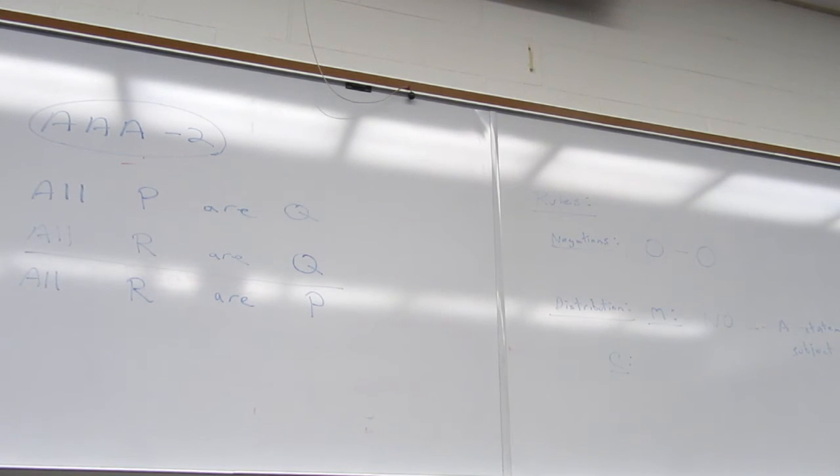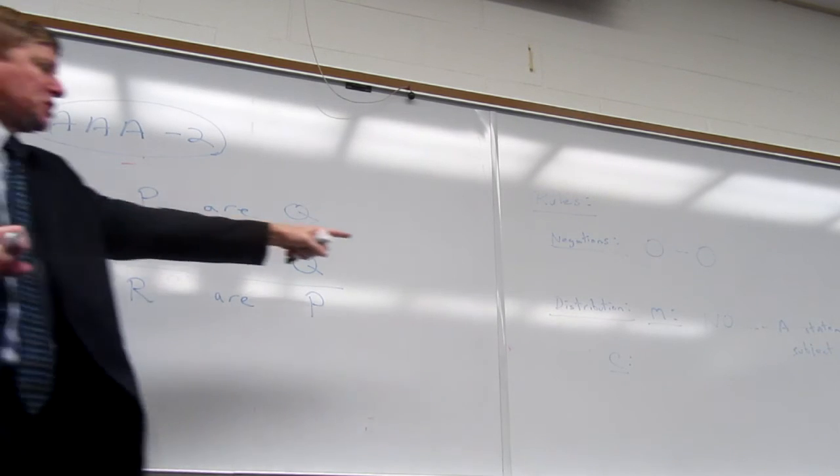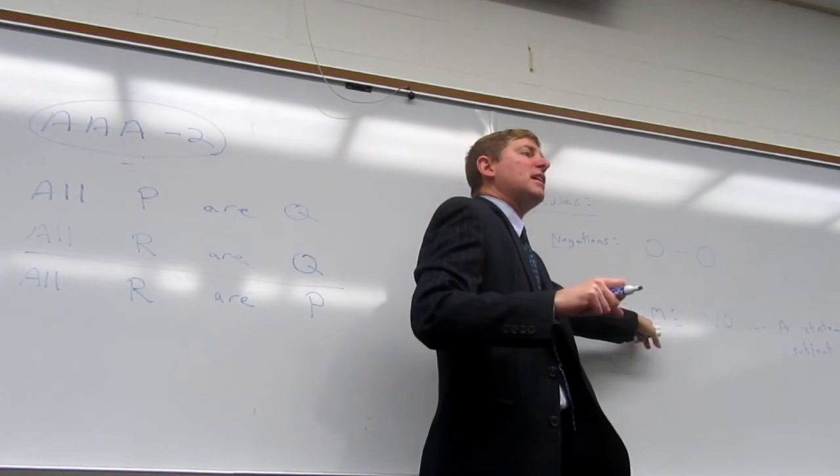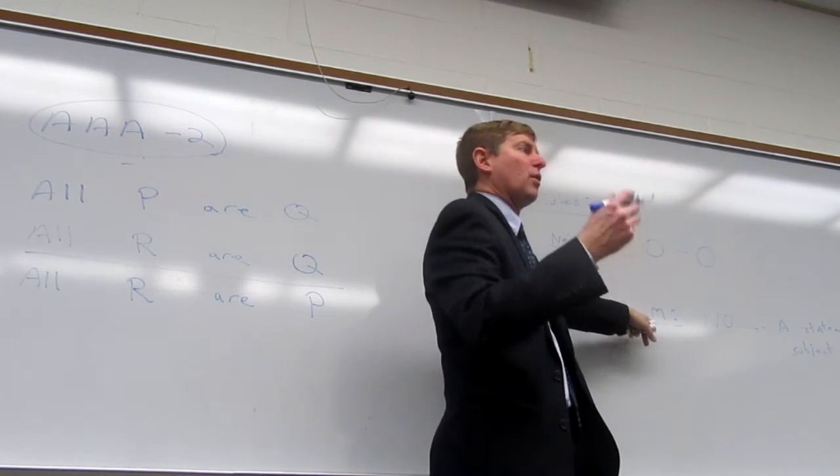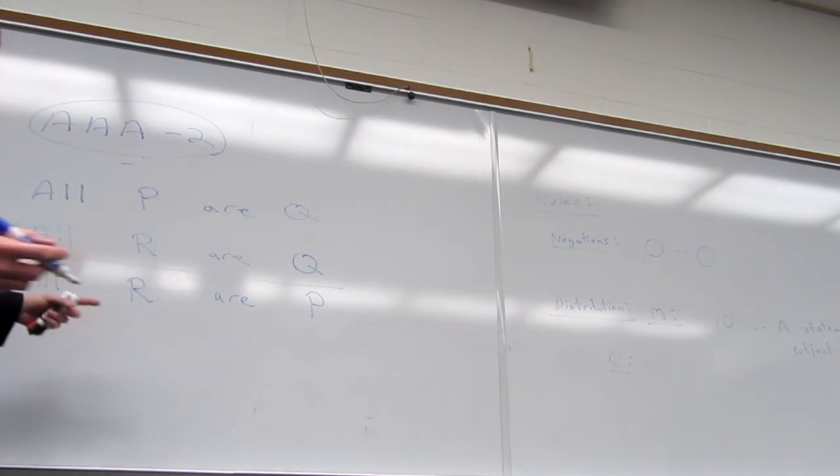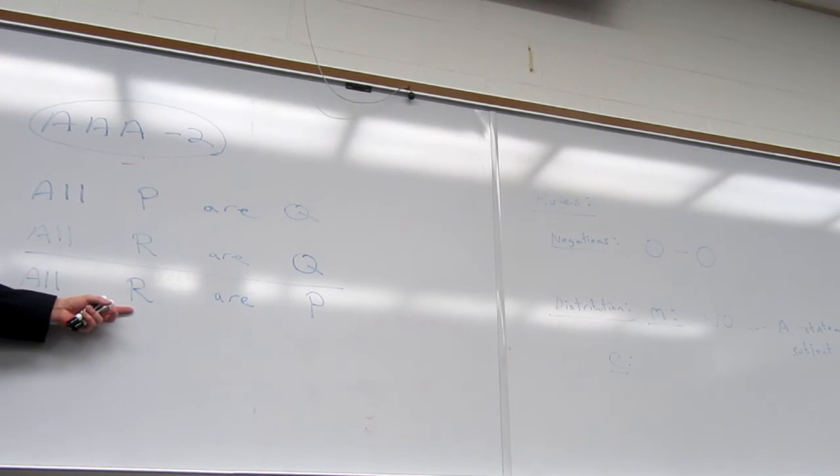Now, folks, if you decided to evaluate this before you did this, just for argument's sake, the rule is if there's a distributed term in the conclusion, it must be distributed in its corresponding premise. Is there a distributed term in the conclusion?